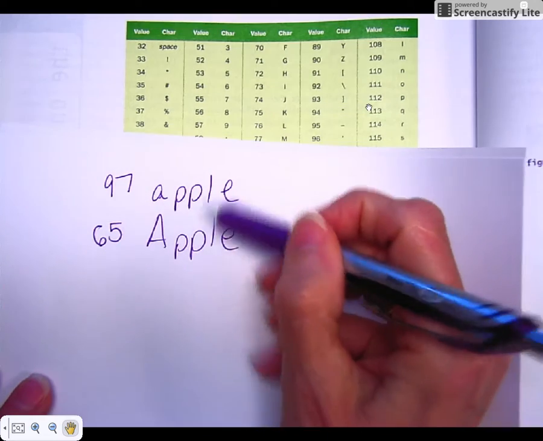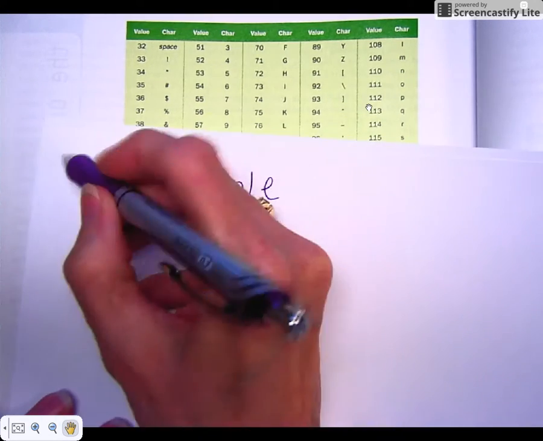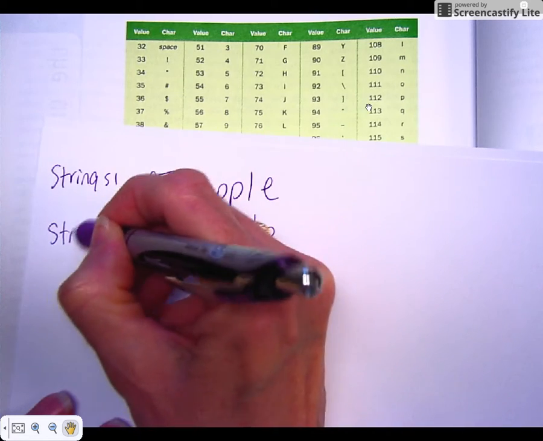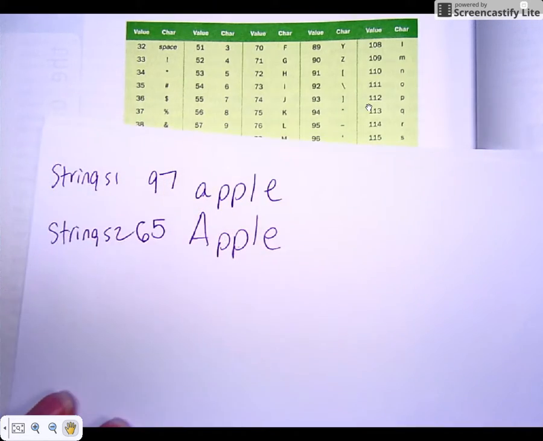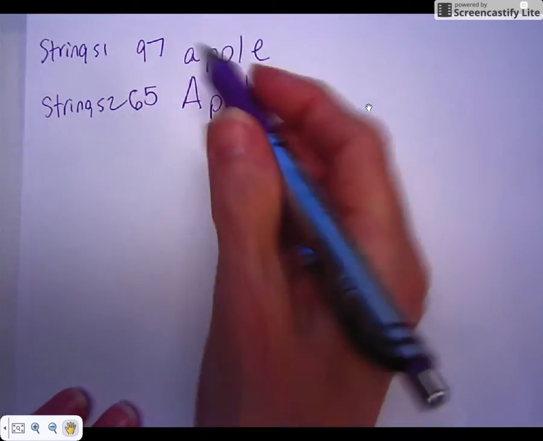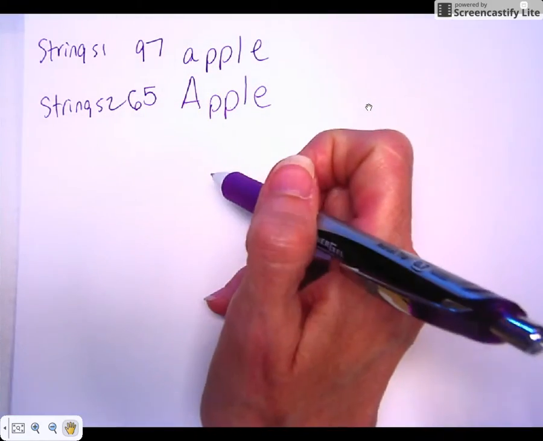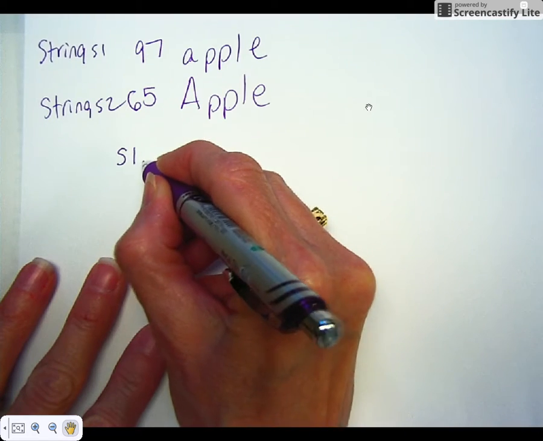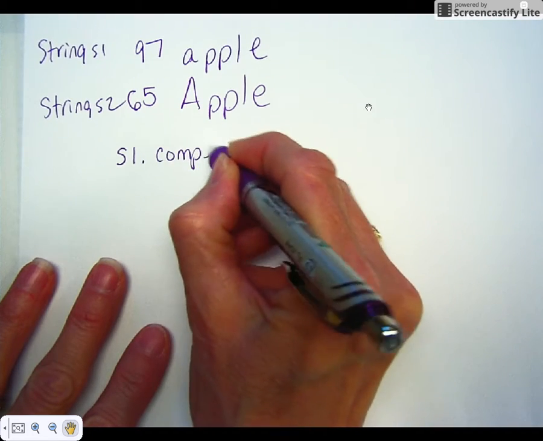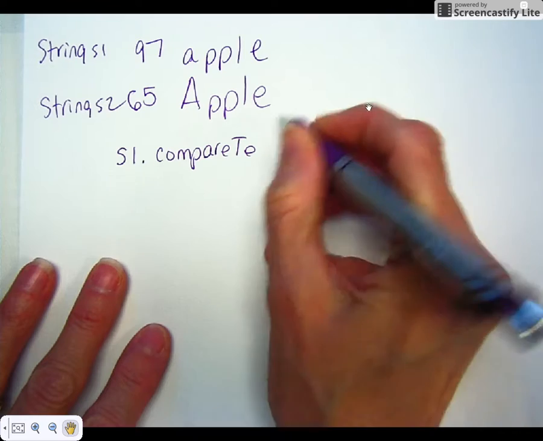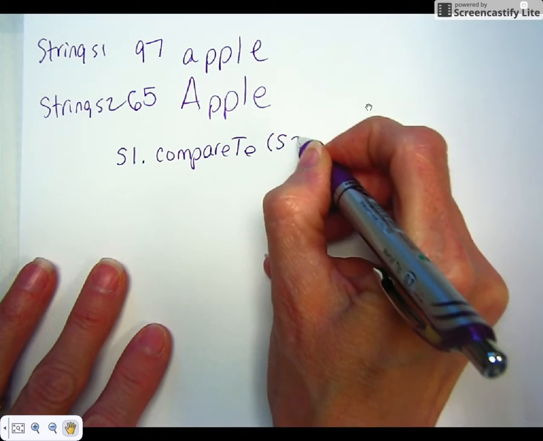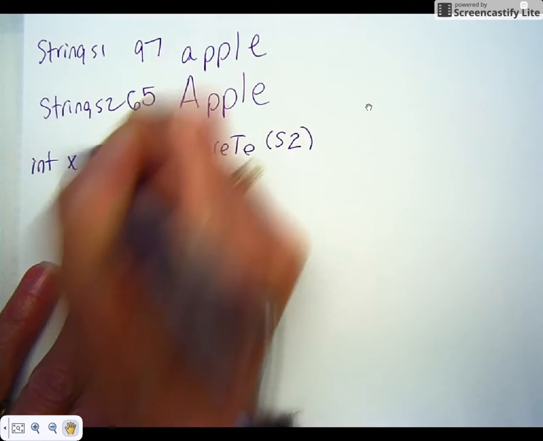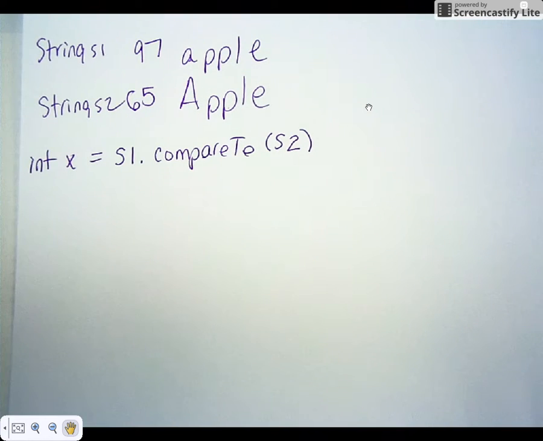If these were stored in objects, let's say this was string S1 and this one was string S2, and I were to call the compareTo method for a string, so if I said S1.compareTo(S2), what kind of number would Java return to you?